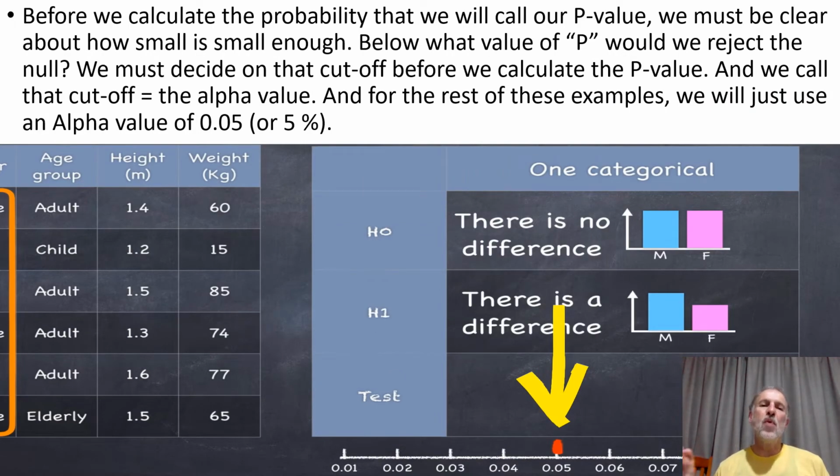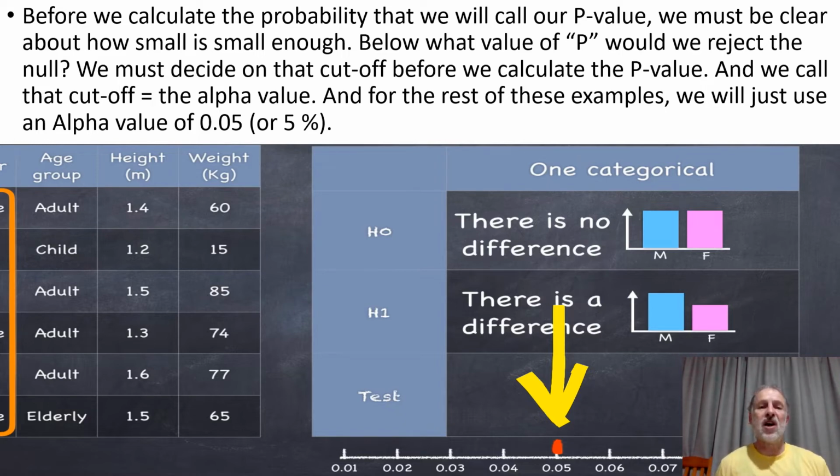People, before we calculate that probability, we will call the probability our p-value. In other words, probability value. We must be clear about how small is small enough. Below what value of p would we reject the null hypothesis?